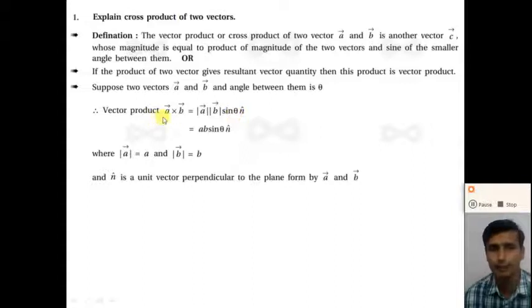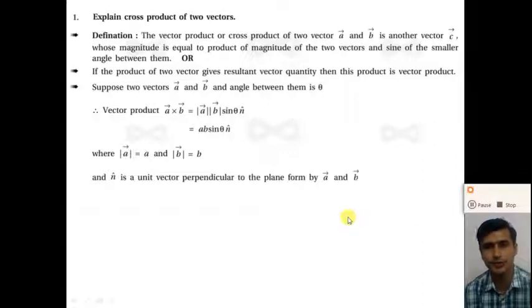But if vector a is in the x direction and vector b is in the y direction, the direction of a cross b is perpendicular to both x and y, that is in the z direction, right? So here n cap is the unit vector perpendicular to the plane formed by vector a and vector b. So dear student, remember that the direction of the vector product a cross b is perpendicular to vector a and vector b, right?